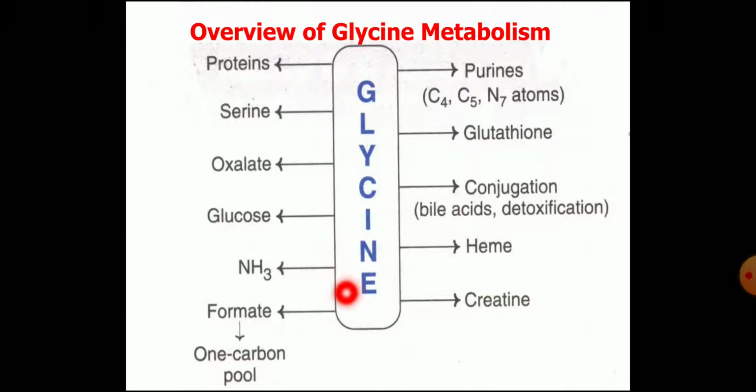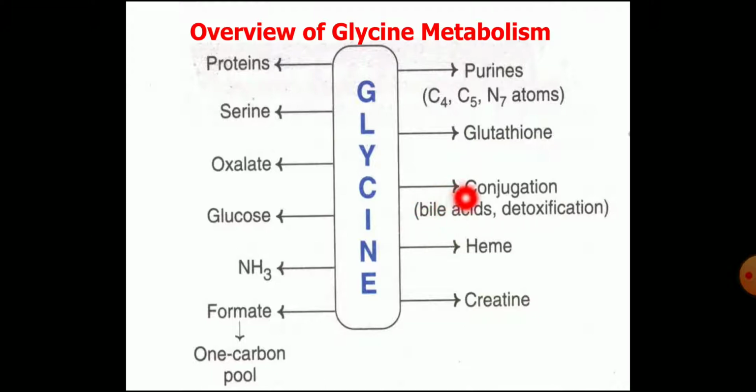Another product is formate, which goes to one-carbon metabolism. The whole of the glycine is utilized for purine base formation. Then glutathione, a tripeptide, and conjugation: bile acid is formed by conjugation with glycine.